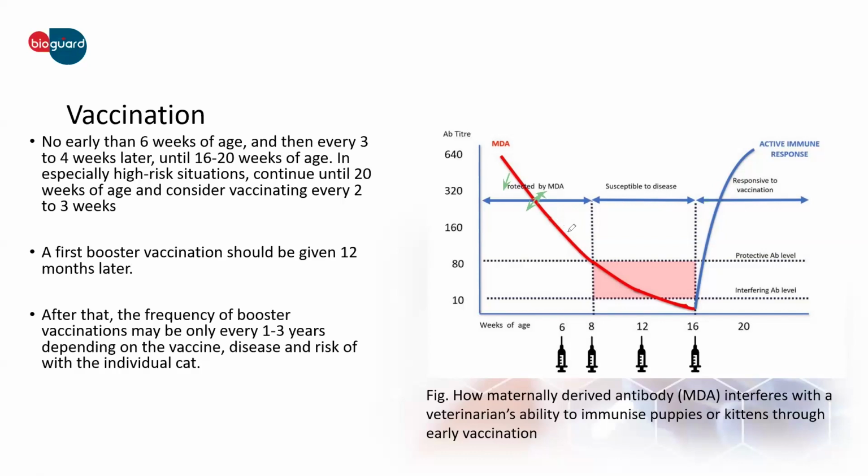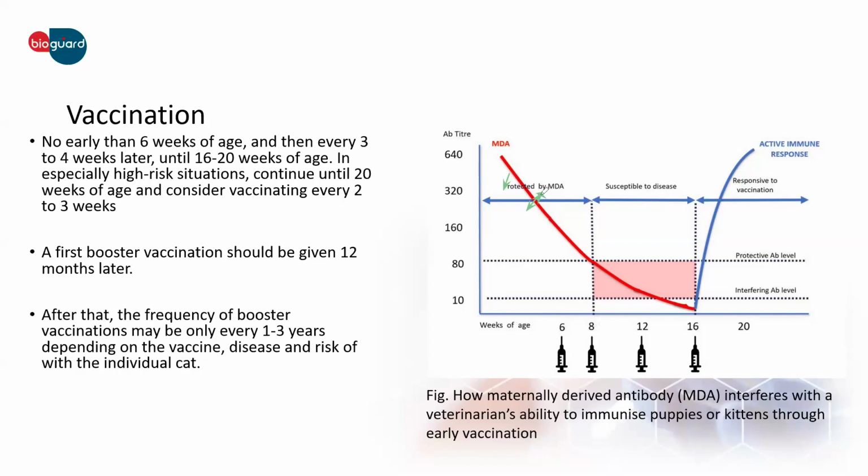As a result, the vaccination won't be effective. So the suggestion is no earlier than 6 weeks of age to give the first shot, usually between 6 to 8 weeks of age.